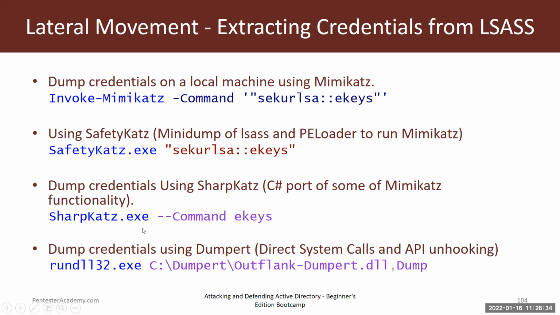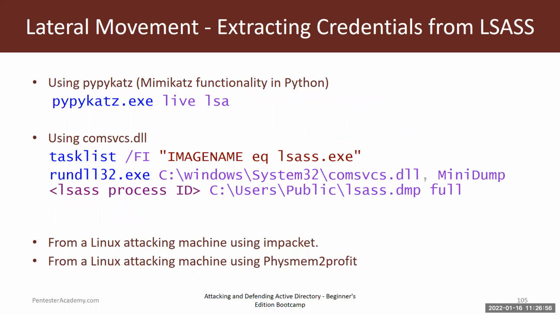Then we have SharpKatz that has some functionality of Mimikatz in a C# port. We can also use tools like Dumpert. So now we are looking at ways of extracting credentials from LSASS. We can use tools like Dumpert from Outflank that uses direct system calls and API unhooking for extracting credentials more silently. We can also use pypykatz that has Mimikatz functionality in Python.